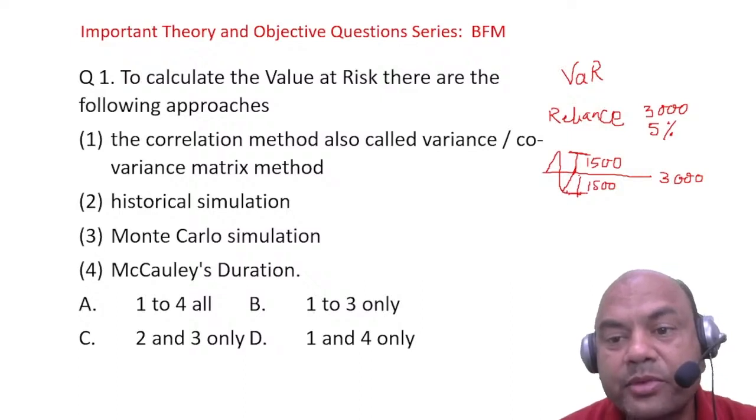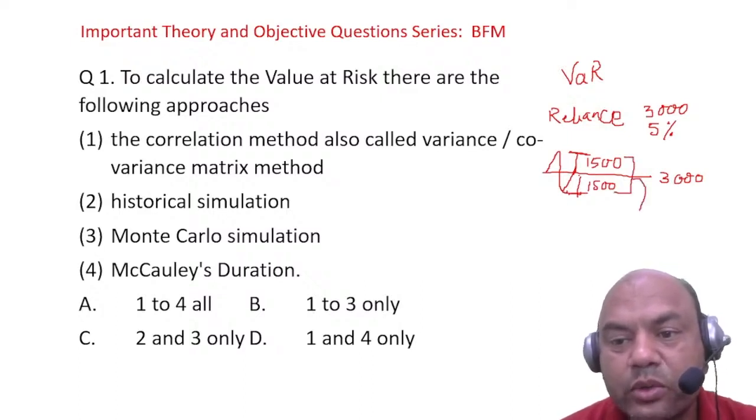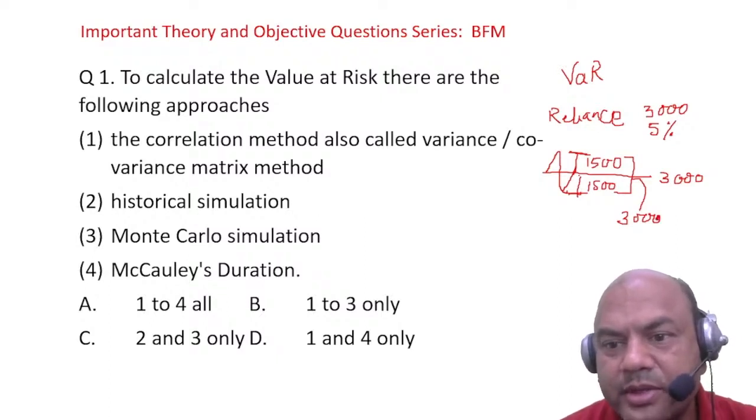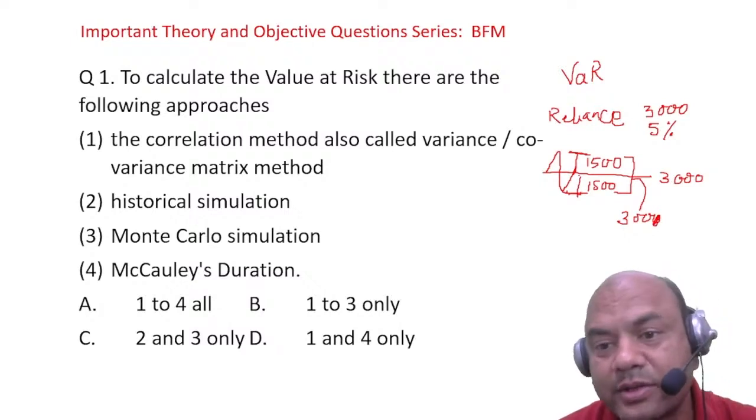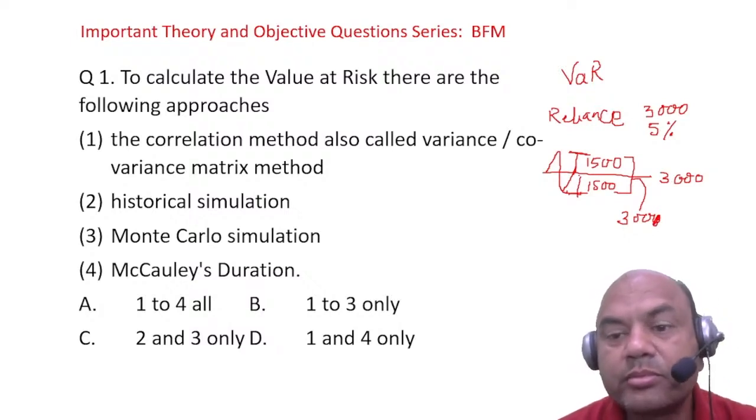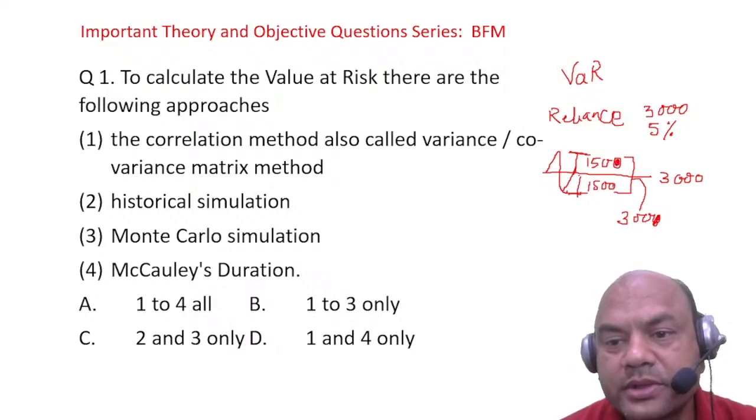my VAR becomes the total of this. Sorry, 3,300. Sorry, it becomes 300, because the price was 3000. I took it for 30,000. So this will be 3,300.